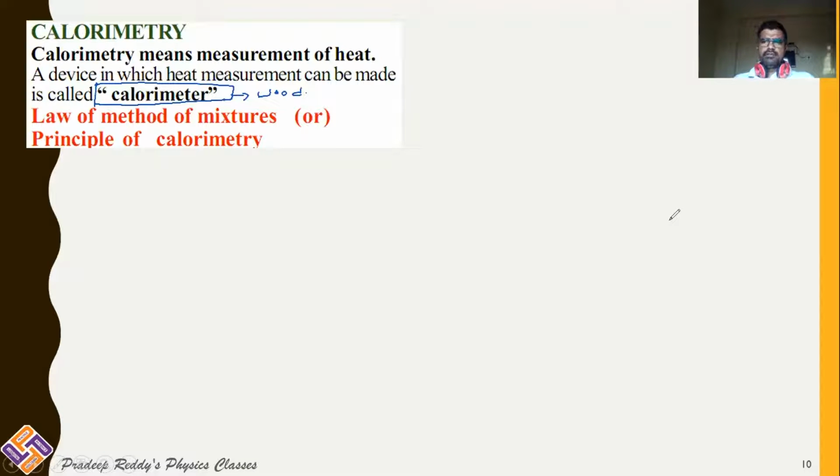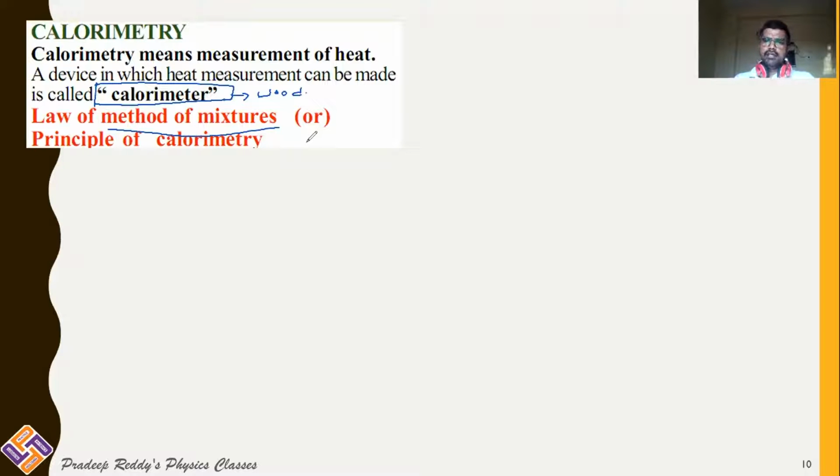Calorimeter is a simple device which we will be constructing in order to measure heat energy lost or gained. Once we construct the calorimeter, we will be using the method of mixtures to find out the specific heat capacity of different substances.